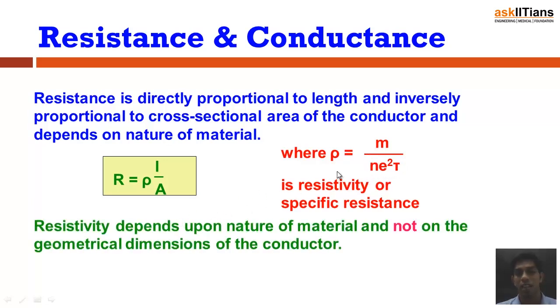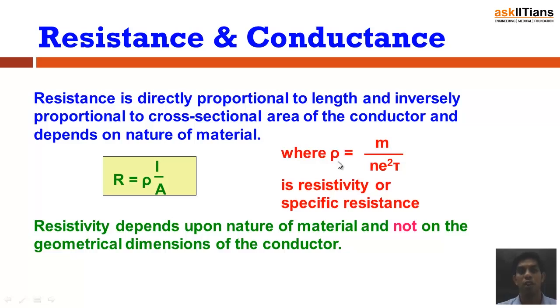Now this tells me that if the external conditions are not tampered with, the relaxation time remains constant. n, that is the number density of electrons, is specific to the type of conductor, so that also remains constant. The charge of an electron is a universal constant, and so is the mass of the electron.